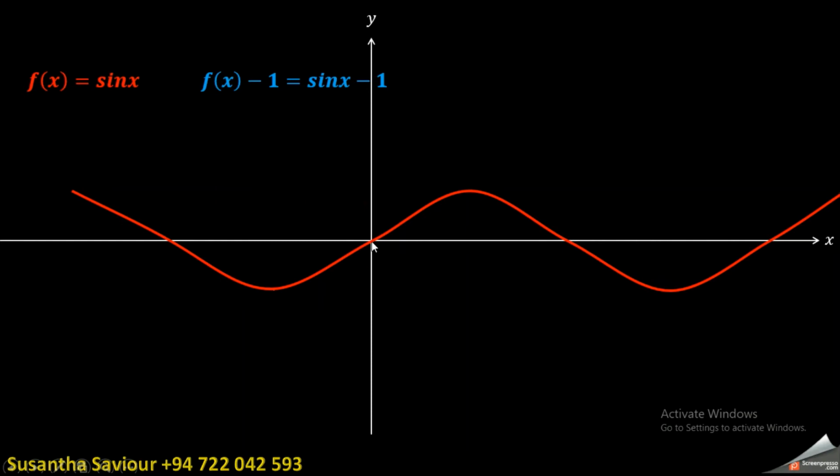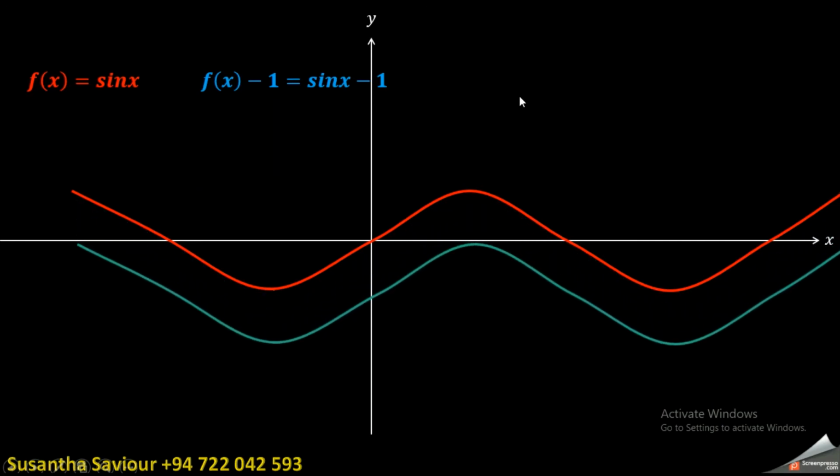Then this 0 will come and sit where? At minus 1. Look at this. We will look at another. Right. I think that is enough for this kind of transformation.